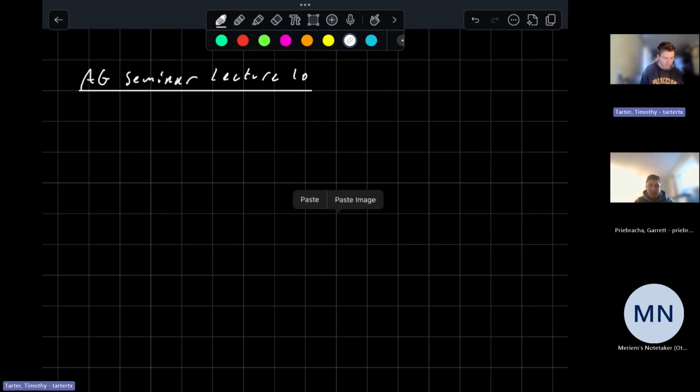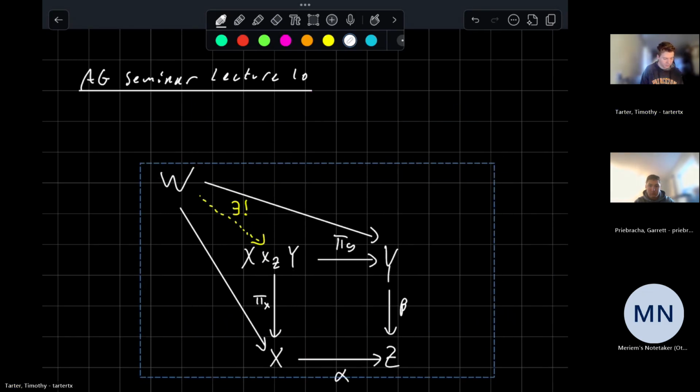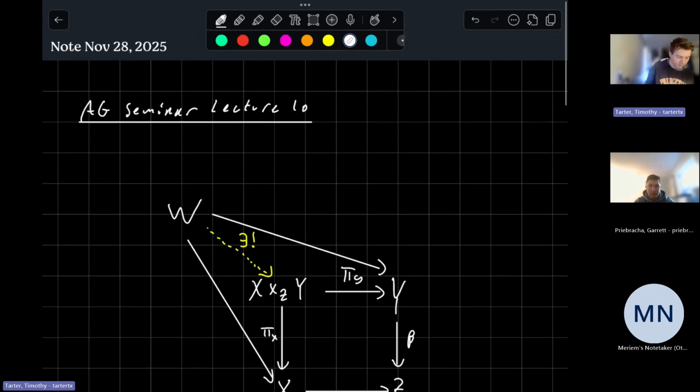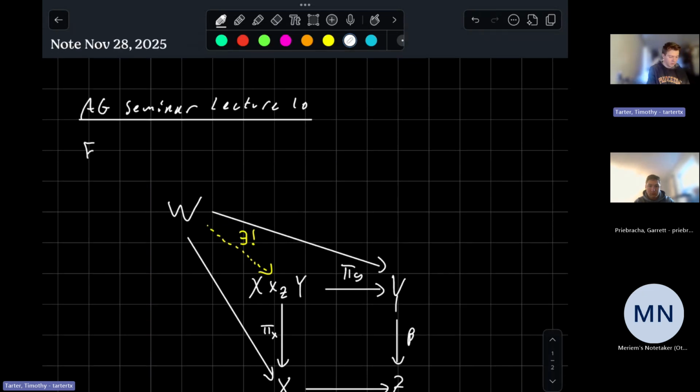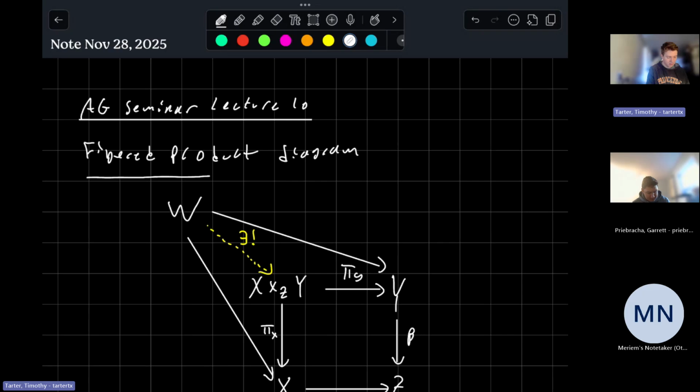So there we go. And then we're just calling this the fibered product diagram.